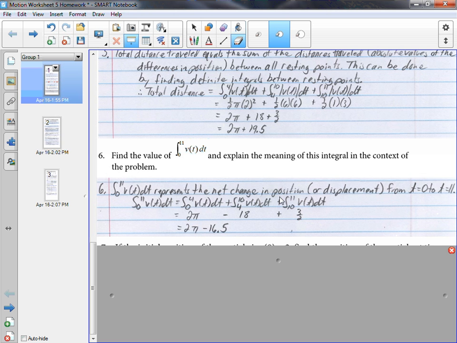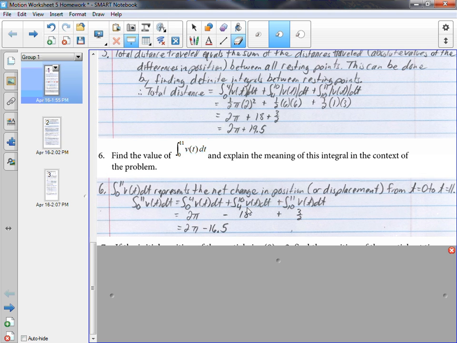Whereas with the second one, where it's just the integral of velocity, we're accumulating the true changes in position, not the absolute values of the changes in position. So it just gives us the amount of change. I'm trying not to use the words total amount of change because I don't want you to confuse that with total distance. But it gives you the amount of change in position that occurred from 0 to 11. All right, so you get the nuance there?